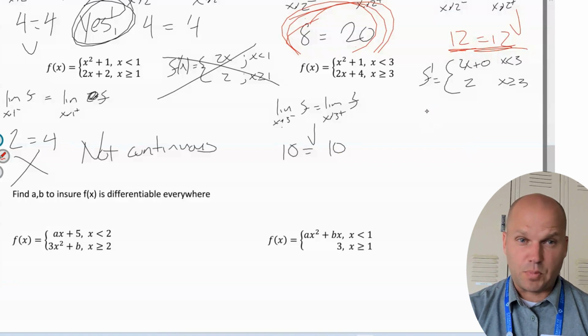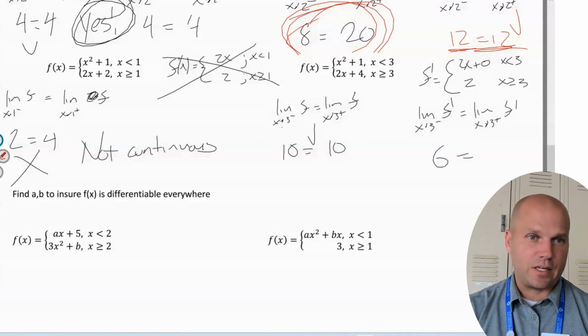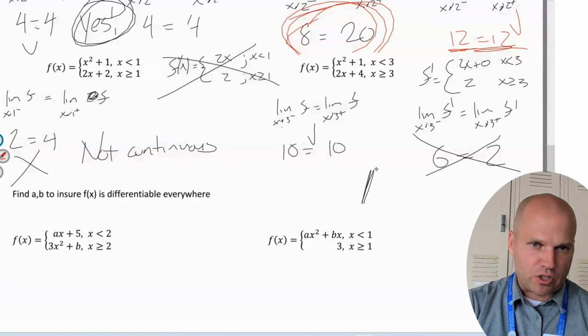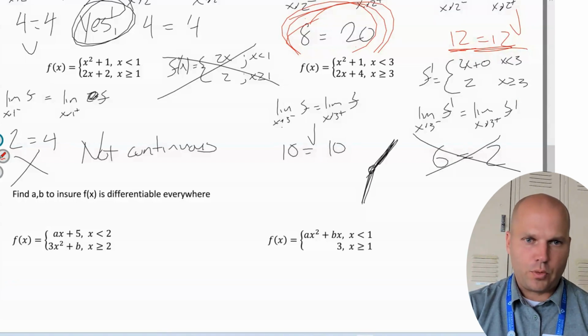I will check the slopes part. Do they connect smoothly? Well, I get 6 equals 2. No. When they connect, we will go from steeper slope to shallower slope. We will create a sharp point when these two pieces connect.